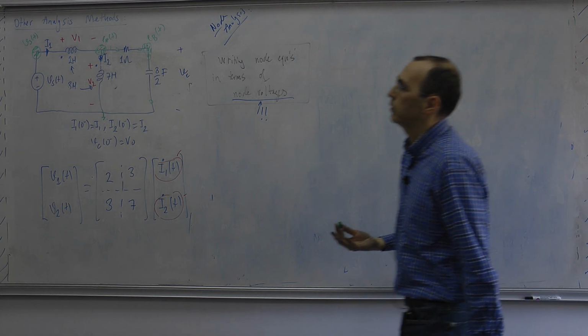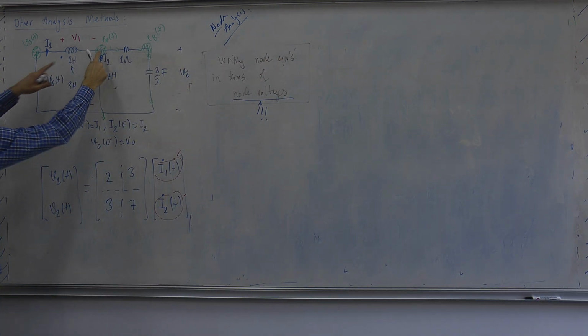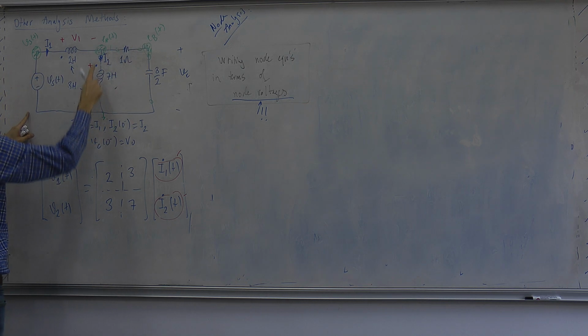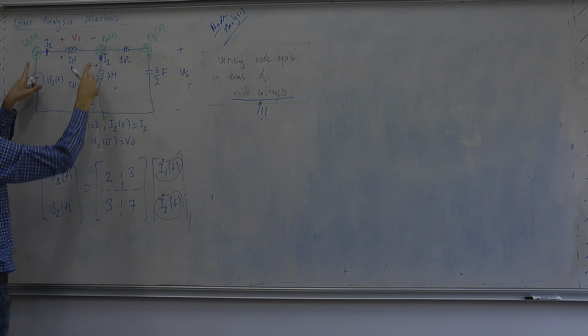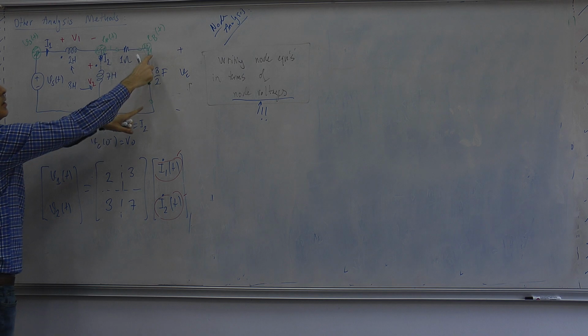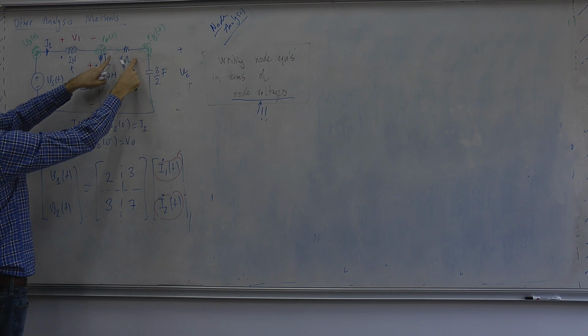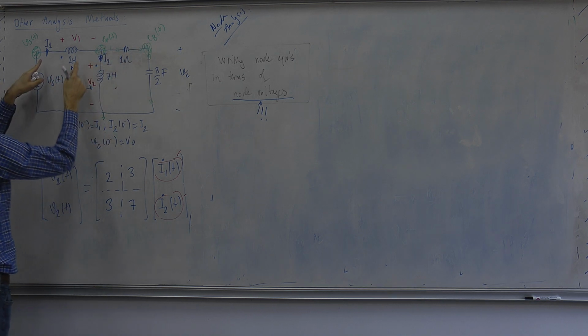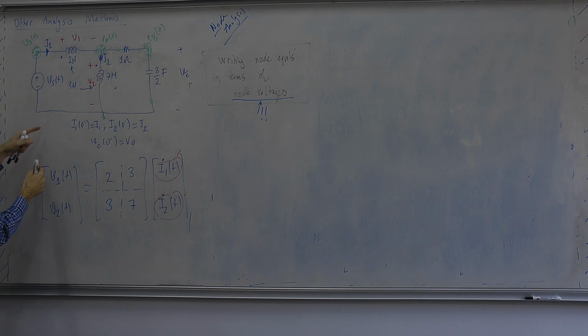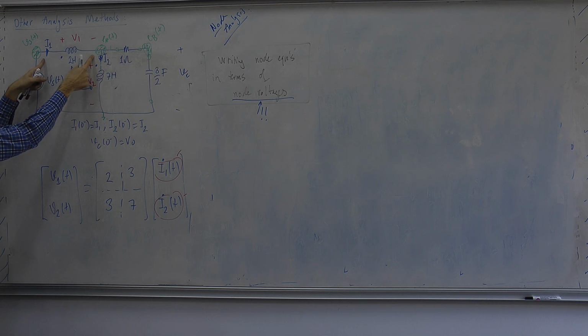Again, the philosophy is very clear. Now, if I know these two node voltages, then I also know the branch voltages, because every branch is in between 2 nodes. For example, this one is in between A and B. This one is in between source and this. So I can find the potential difference of the nodes.